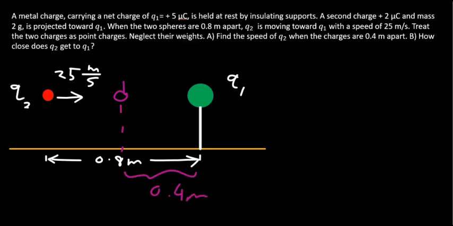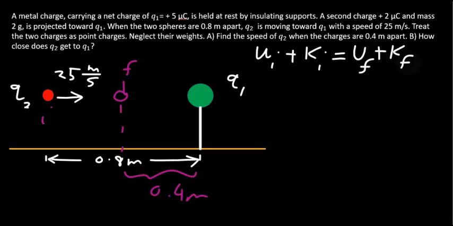Let's call the initial position I, the final position F. So this is a problem on conservation of mechanical energy. So the sum of mechanical energies, the electric potential energy at point I plus the kinetic energy at point I, equals the electric potential energy at point F plus the kinetic energy at point F. So at point I, we know what the electric potential energy is.